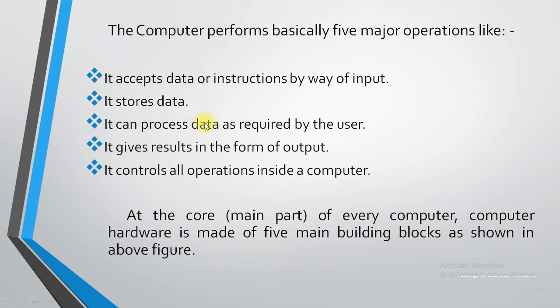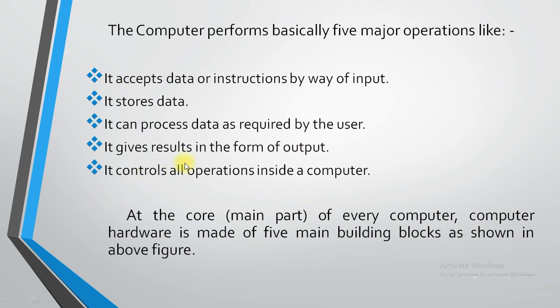Now see, after performing 2 plus 3 you will get 5 as an answer. So whatever result is produced, it is in the form of output. So that is the role of output unit, that whatever the data given by the processing unit, it will display in the form of user understandable language.